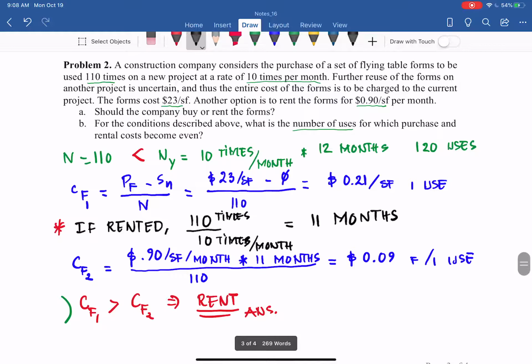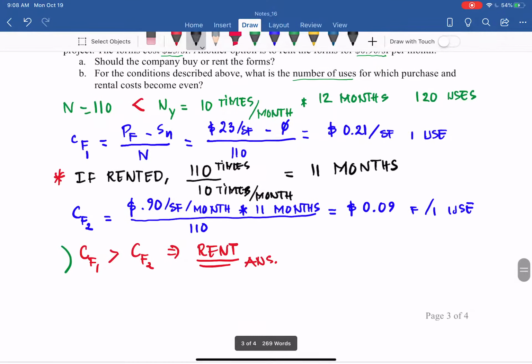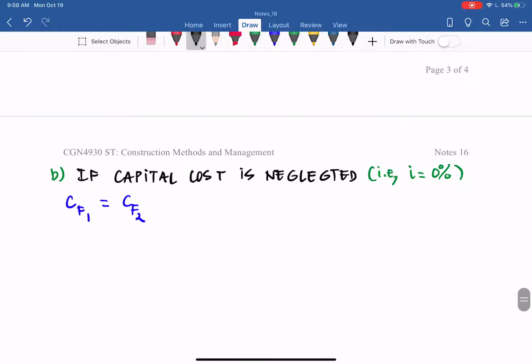The question asks that the purchase and rental costs become even.